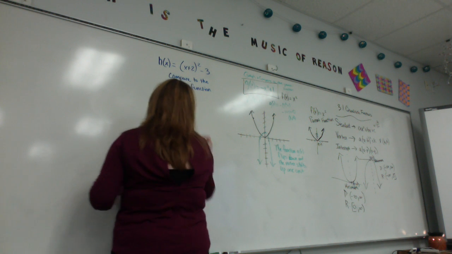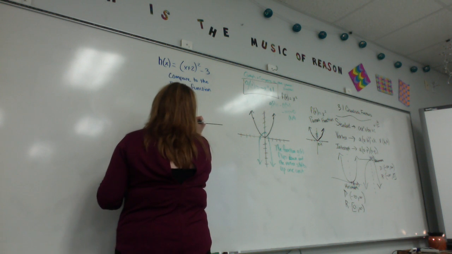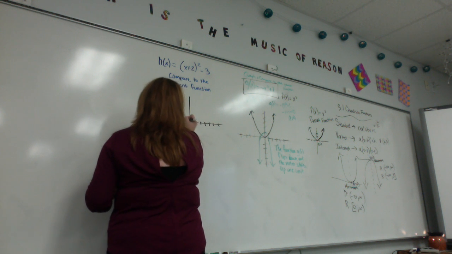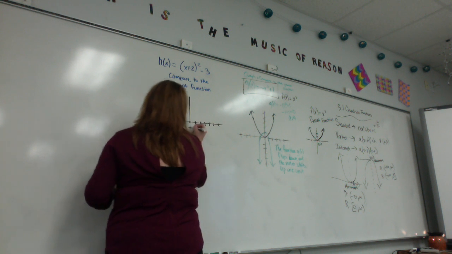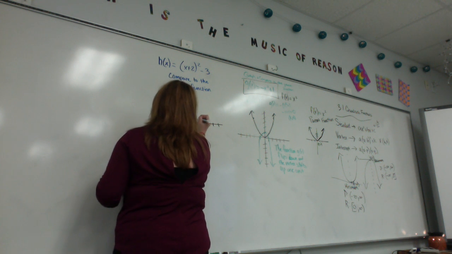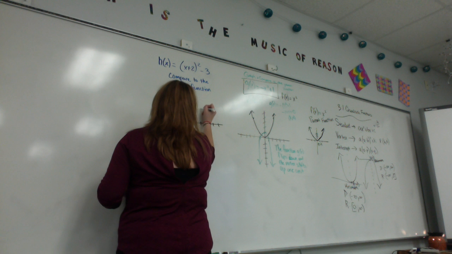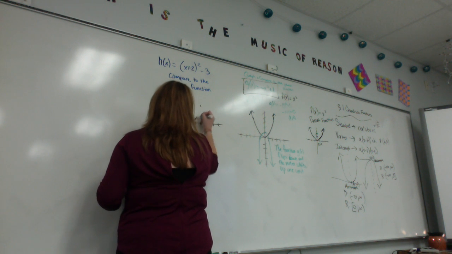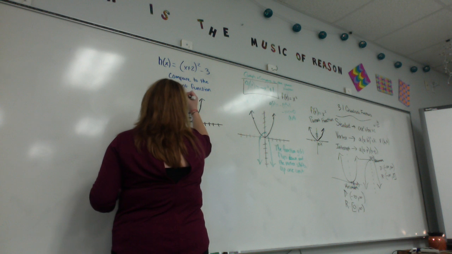Okay. I'm going to go ahead and sketch my parent function again. And I'm going to go 1, 1, 1, 1, 2, 4, 2, 4. Okay, there's my parent function.